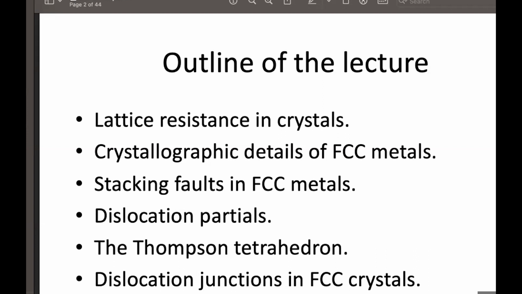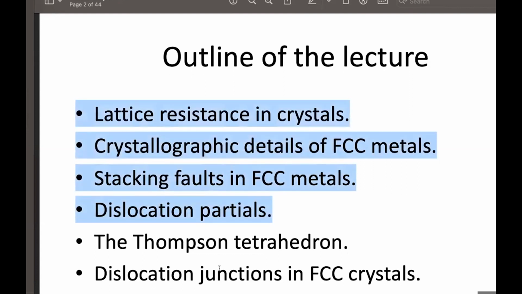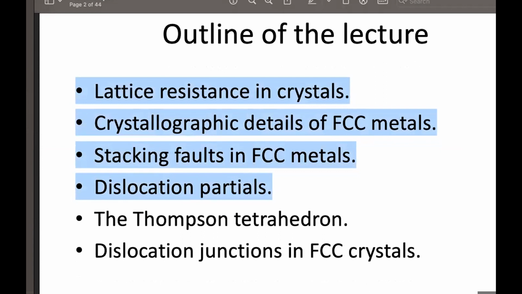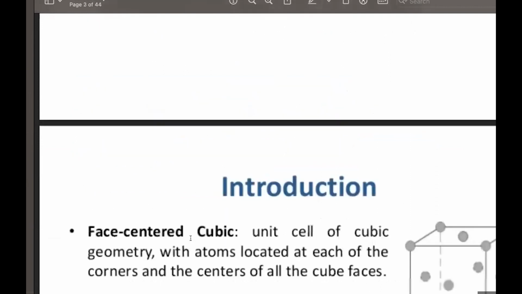It must be low. It is low, right? They move very easily. How about stacking fault energy in FCC? Low as compared to the others. All right, so we know up to this part, and we will also cover the Thompson tetrahedron and dislocation junctions in FCC.